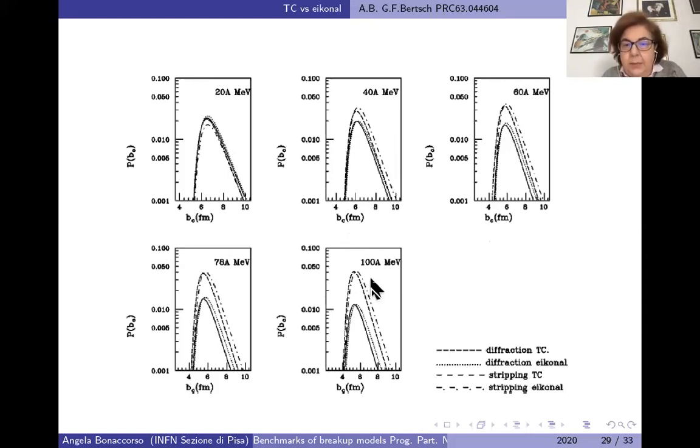Even at 100 MeV, one could still see a little bit of difference between the semi-classical diffraction and the eikonal diffraction. But I think the main reason for this is that when you go from angular momentum to impact parameter, there is always a little bit of uncertainty, because this relation, L equals b times k, is very good at very high impact parameters. And here perhaps we didn't have high enough.